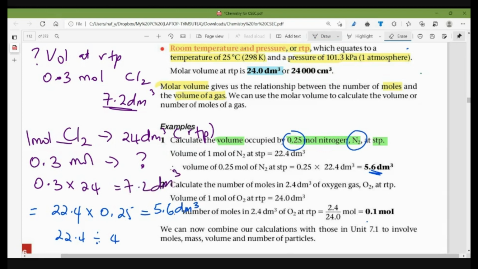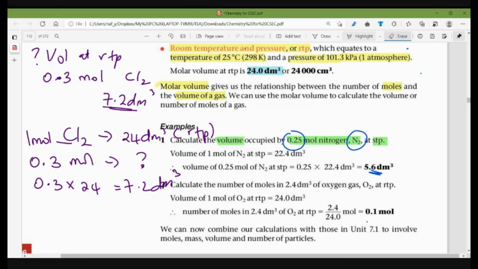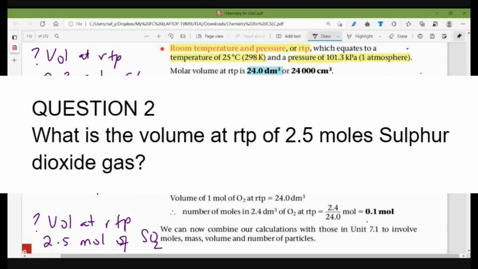Let me give you another one. All right, what is the volume at RTP for 2.5 moles of sulfur dioxide?